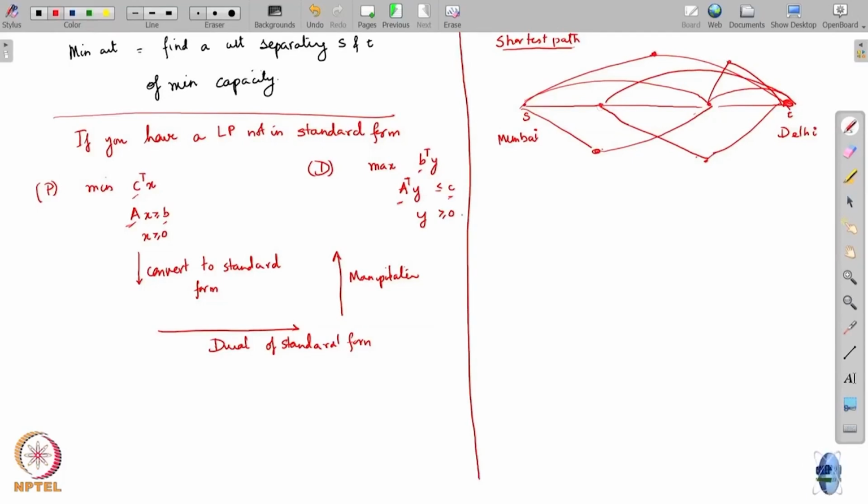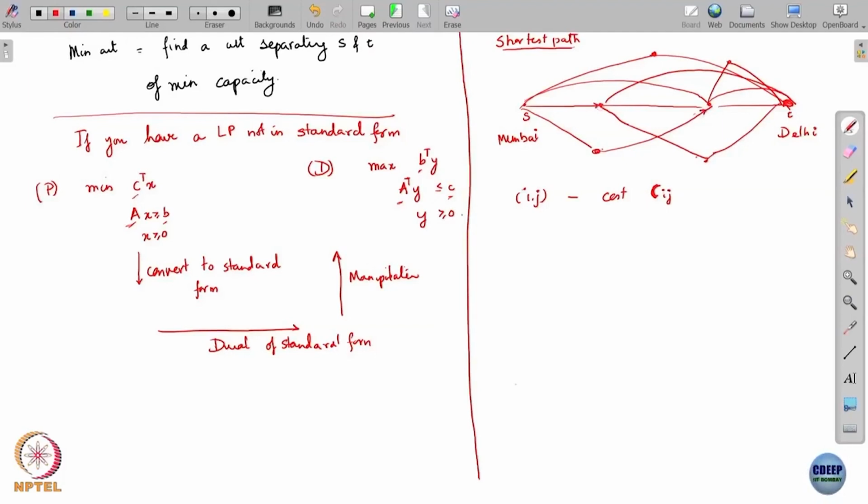Every i and j has a cost C i j, and these are all directed edges.